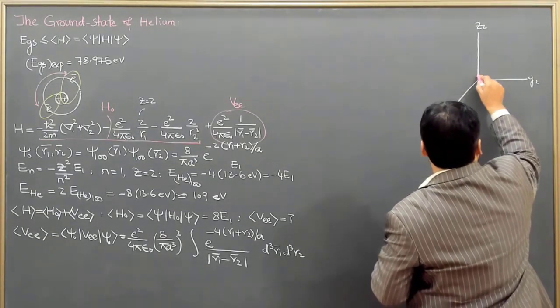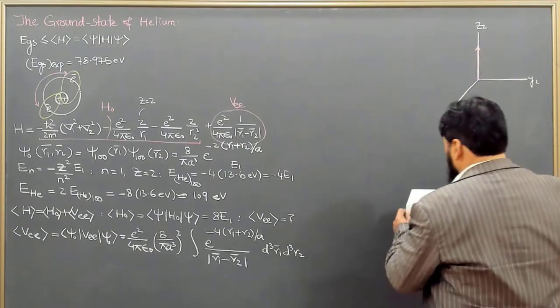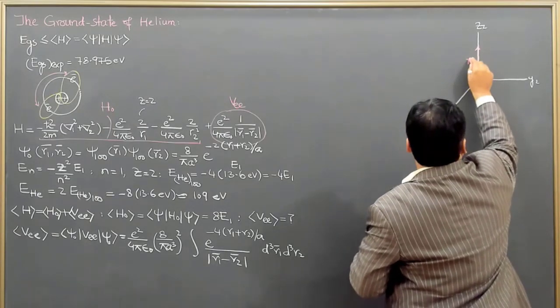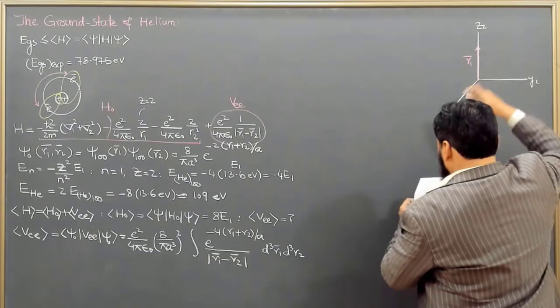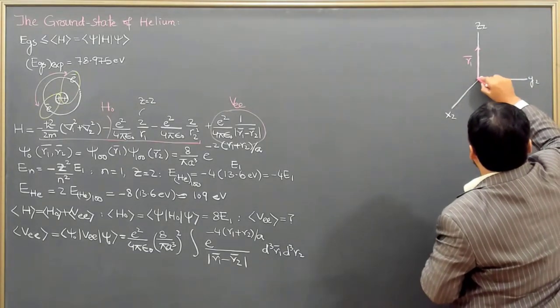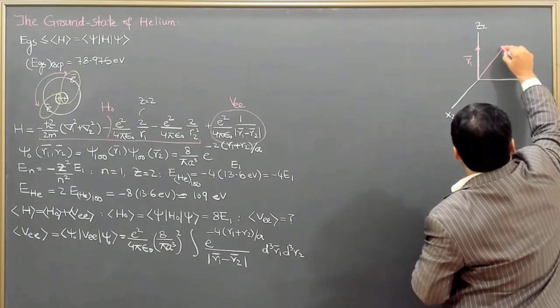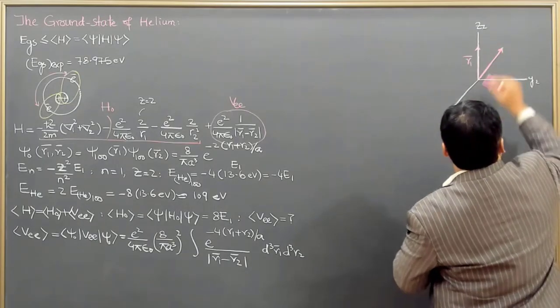This is r2. Let me orient this one. This is r1, not r2. This is r1 and it is along the z2, and the r2 is like this. Sub r2 is here.